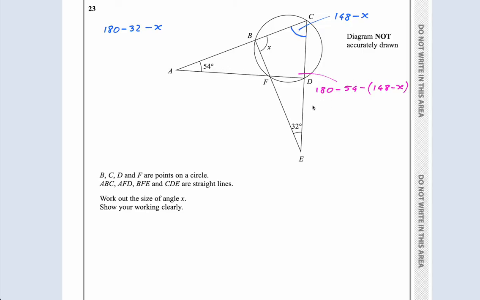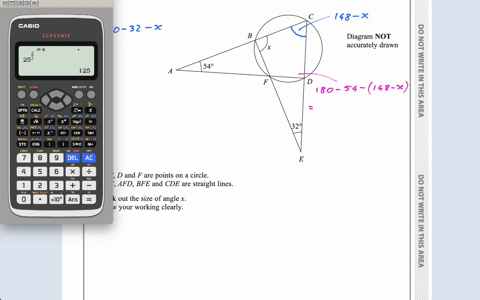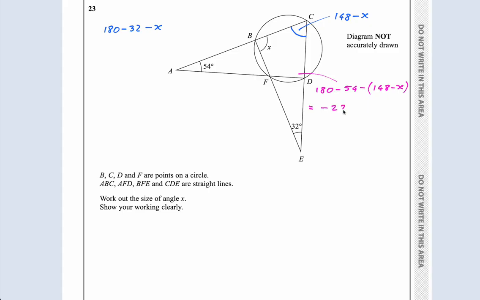I need a calculator: 180 minus 54 minus 148 is negative 22. But it's minus minus x, so plus x, which is x minus 22. So this angle here is x minus 22.